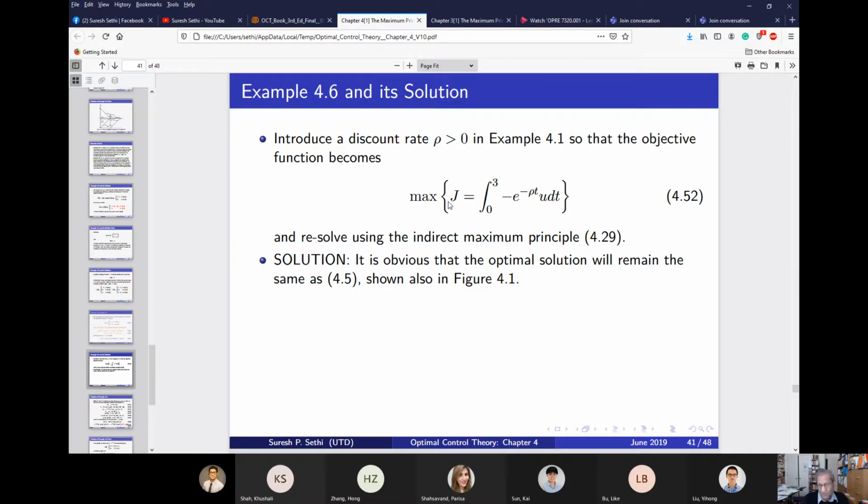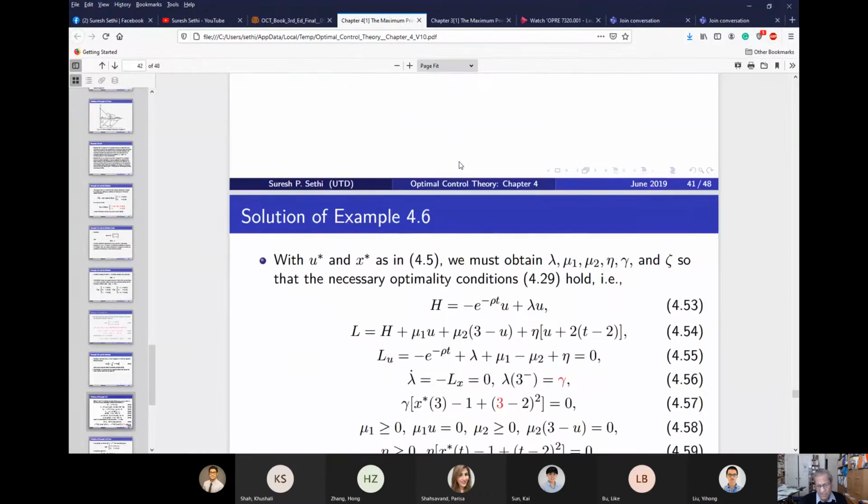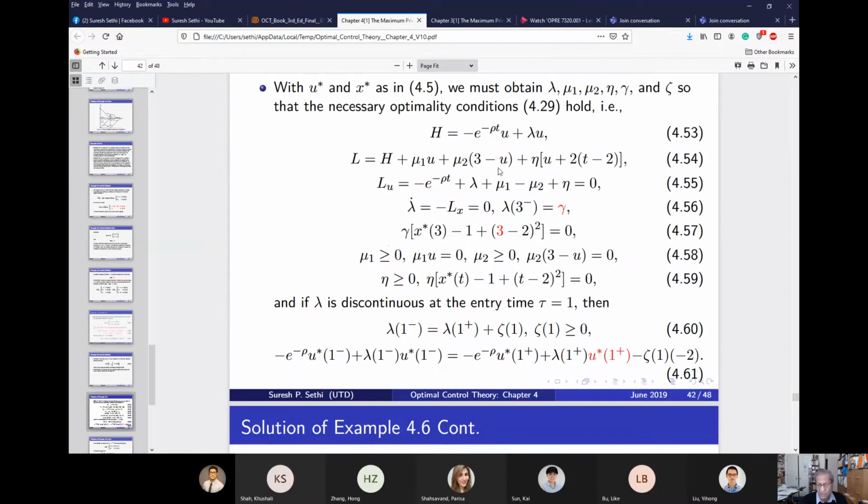Turns out that when rho is bigger than 0, the optimal solution will remain the same as figure 1. All we need to do is to calculate the multipliers, and this is done in the next slide. You can write all the conditions you want, and then the red ones are the typos, so that they're all fixed here. And we again have a solution.